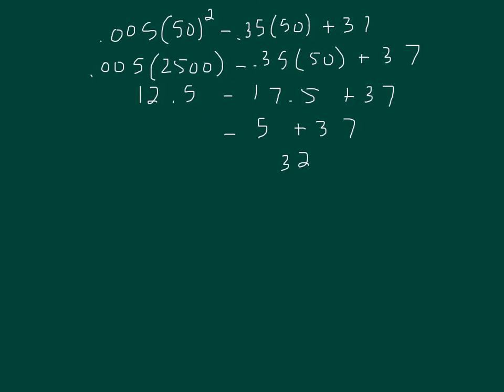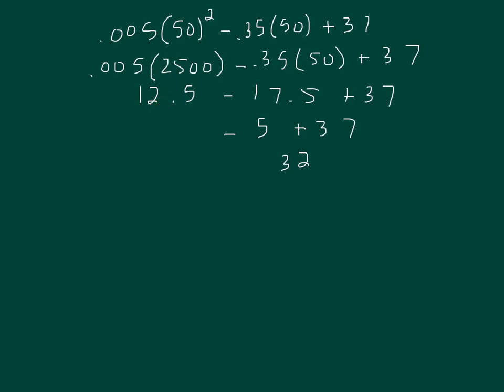For the last example, I went ahead and did this one first so that I didn't have to do all my math right in front of you. We had you plug in 50 in all the places for x. When you first plug it in, you've got 50 squared, so you square the 50 and get 2,500. Then you multiply 0.005 times 2,500 and you get 12.5.